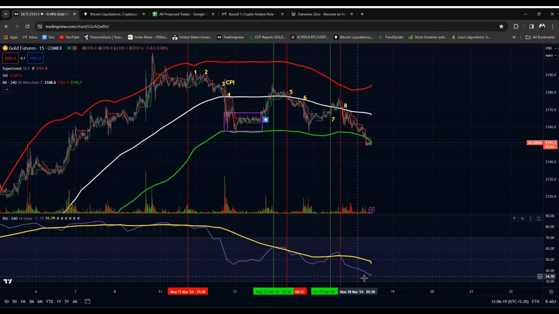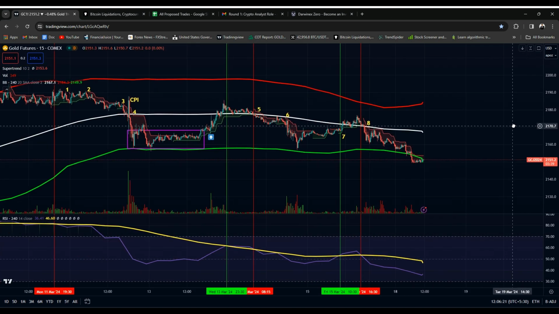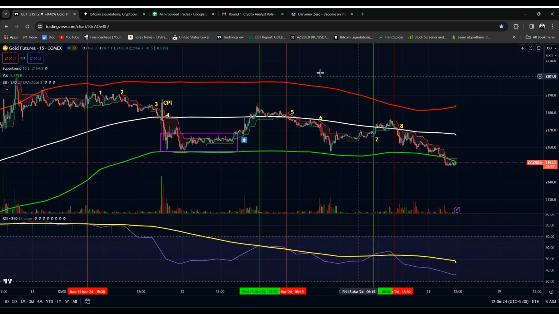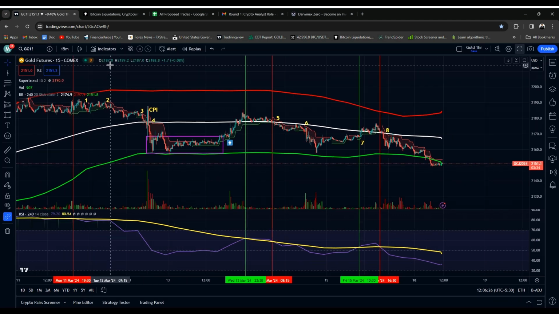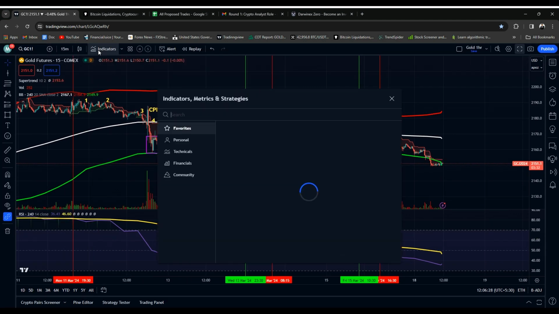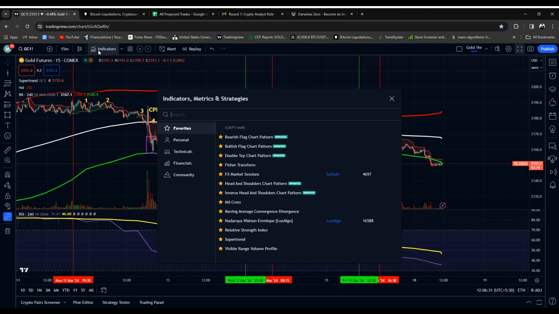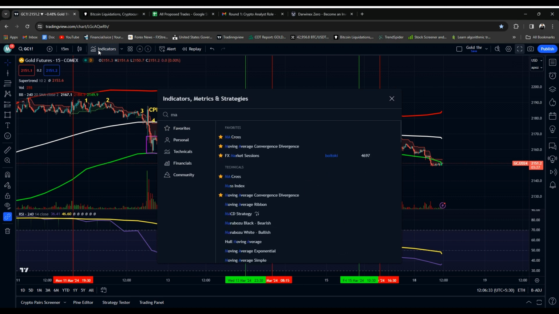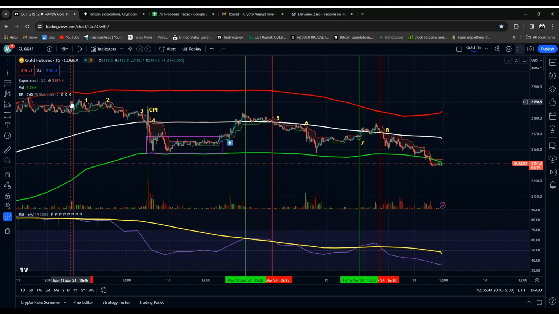Additionally, I think I can incorporate the 5 DMA, which is very important. Let's say we go to the indicator settings, and oh sorry, I added the cross.